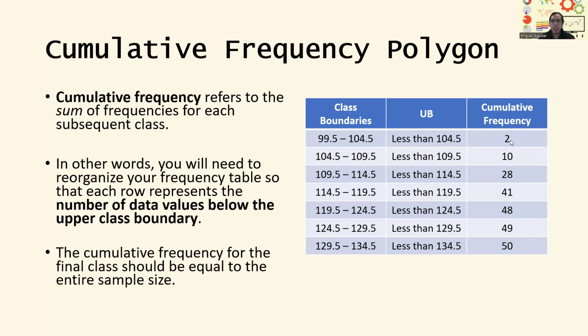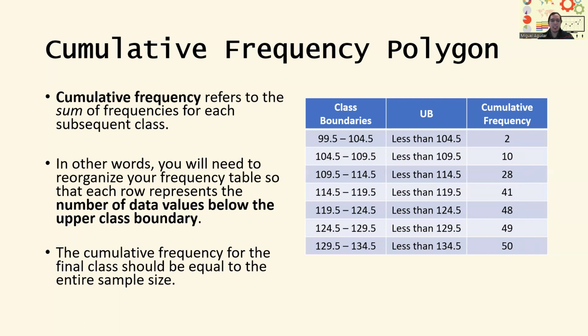So once you do that and add up every class frequency which is below the class that you're working in, you should eventually get to the final class down here, which has the sum of all the frequencies. Okay. So the cumulative frequency is adding up all of the frequencies from the previous classes.